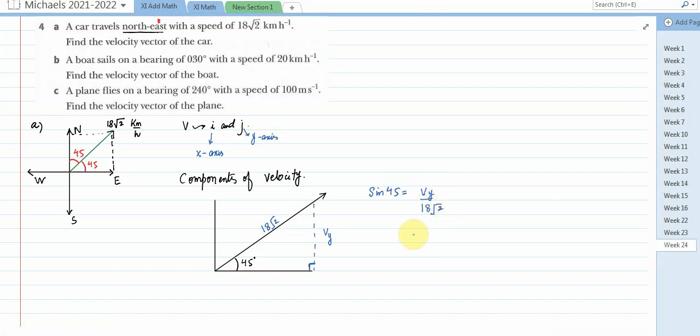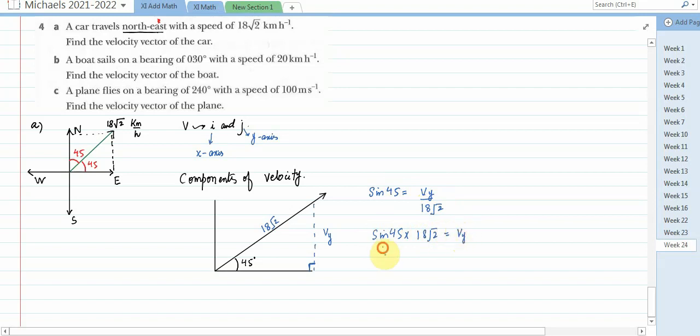So when you simplify sine 45 times 18 under root 2, with the help of a calculator you will get velocity of y equals 18. Since it is on the y, I am going to label it as 18j, right?